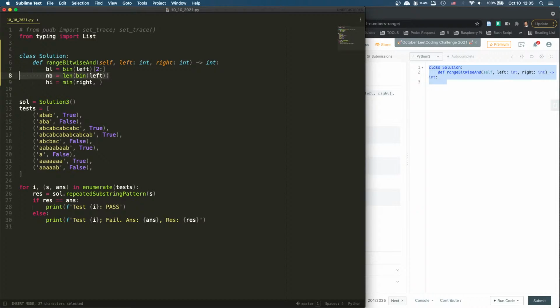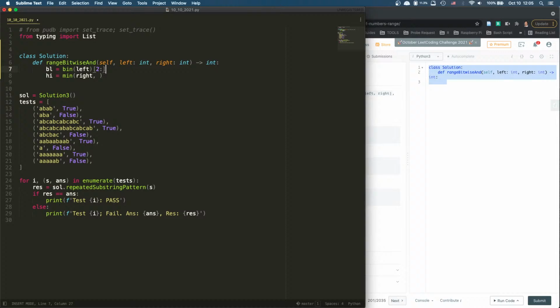And then we got a binary left, and high is going to be 1 left shift len(binary left) minus 1. I'm pretty sure I need to put parentheses on, right? So this one will give me 1, 1, 1, 1. That's the high level, so we pick the smaller between the two.